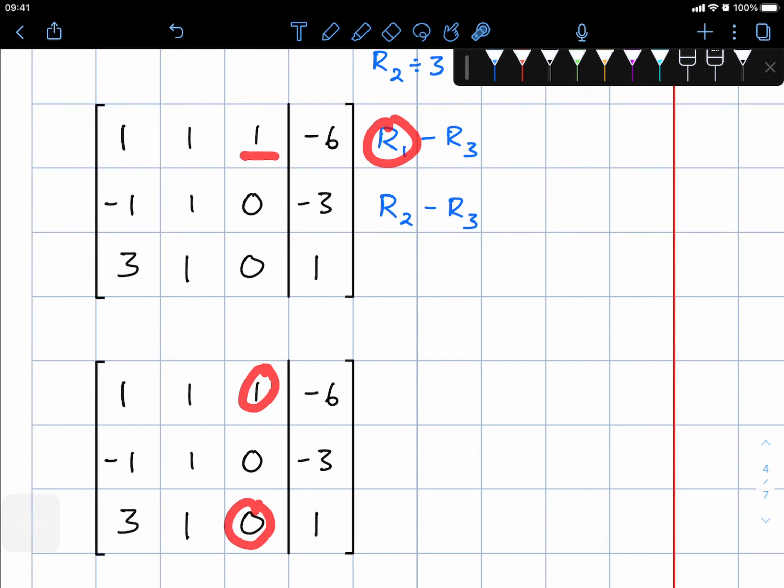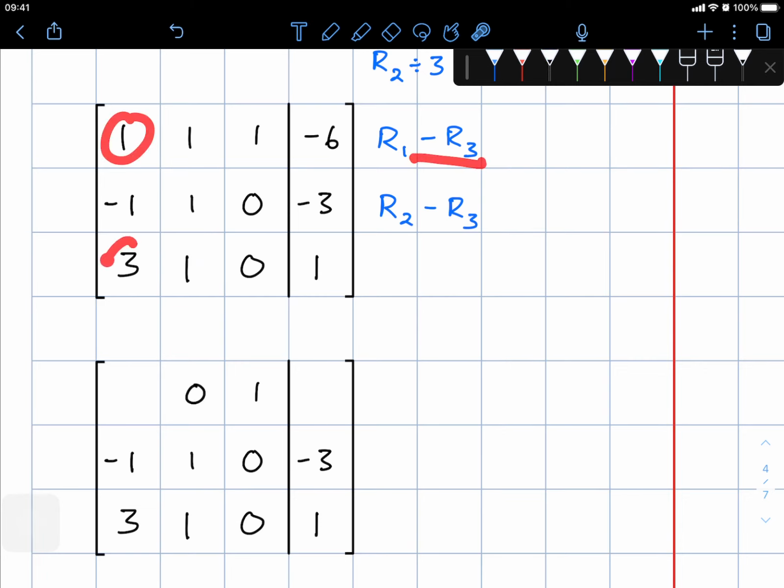Row 1 take away row 3, so 1 take away 0 is 1, so that doesn't change. So only these will change. 1 take away row 3, 1, and 1 take away row 3, which is 3. 1 take away 3 is -2. -6 take away row 3, so -6 take away 1 is -7.